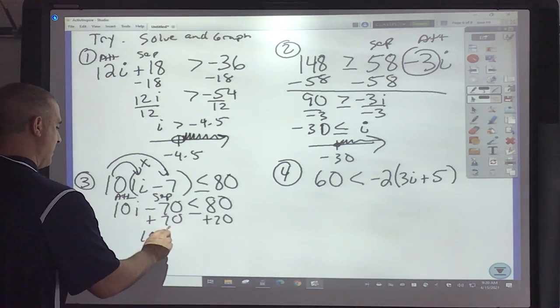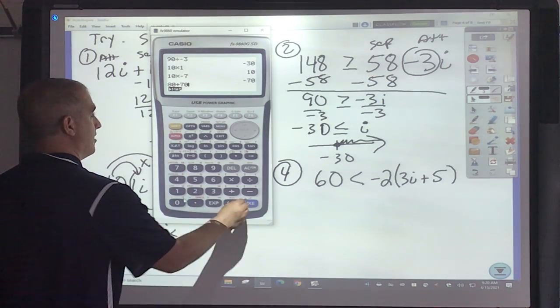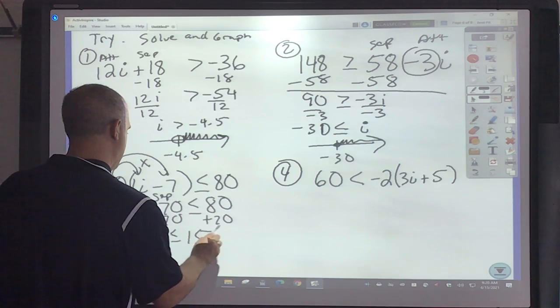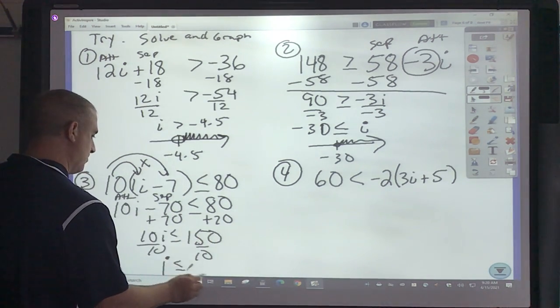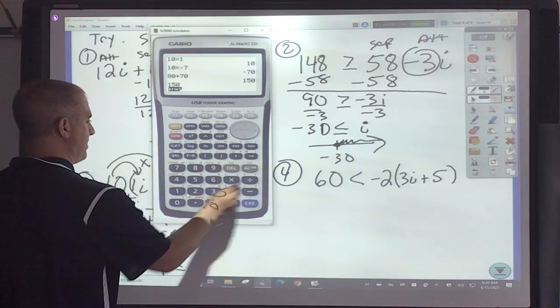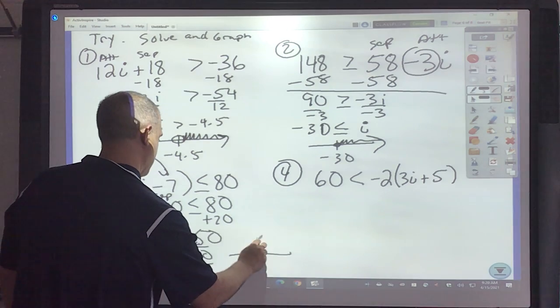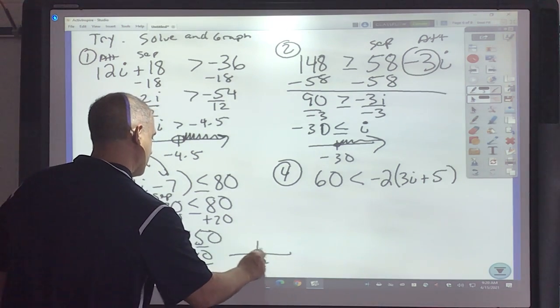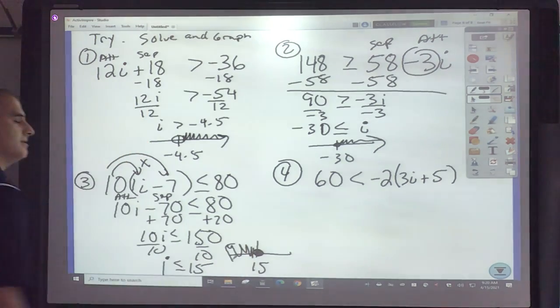Okay, that's going to be 10i less than or equal to 80 plus 70 is 150. Divide by 10. i is less than or equal to 150 divided by 10. Be 15. Okay, so 15, closed circle, okay, is eating the number, so I shade to the left.